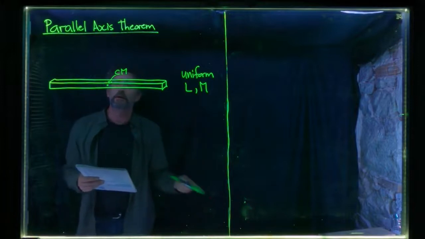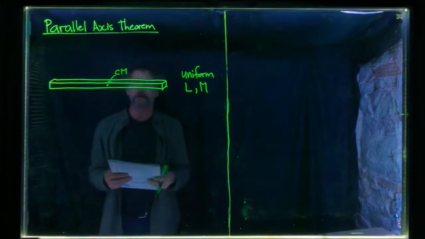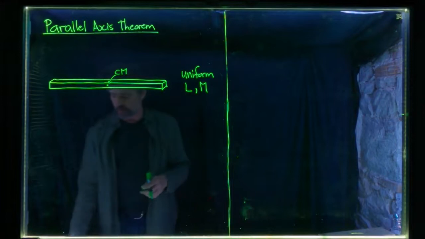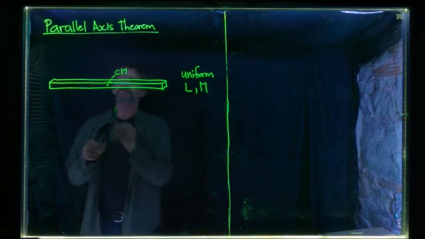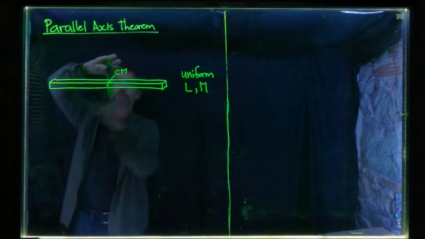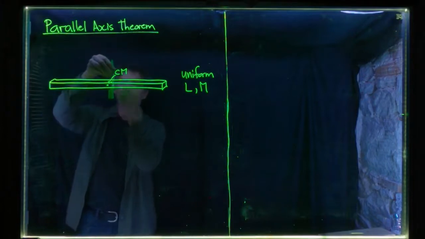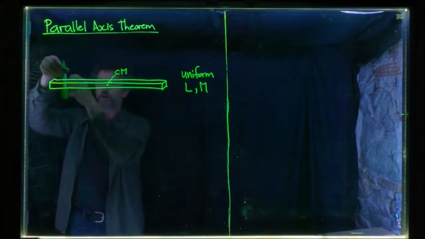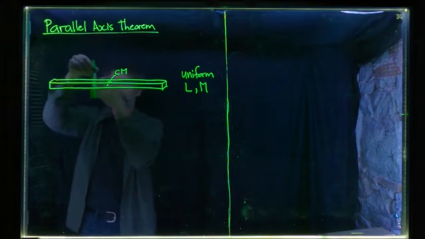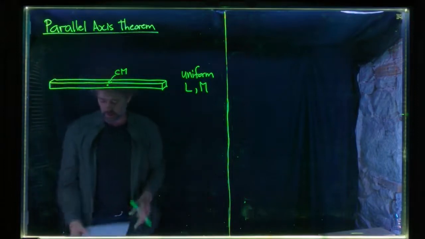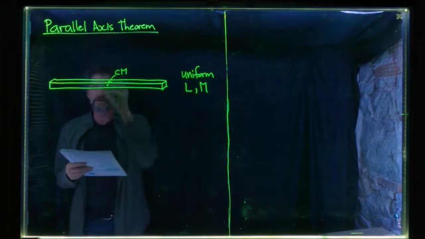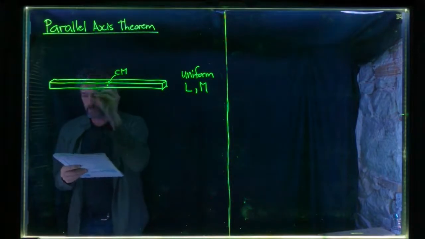Okay, and now what we want to do is calculate the moment of inertia for rotating this rod about a vertical axis, so twisting it like this, either through the center of mass or in fact anywhere along the length of the rod here. So we will put the axis, say, at this point over here.